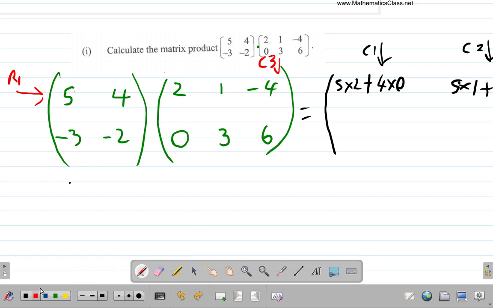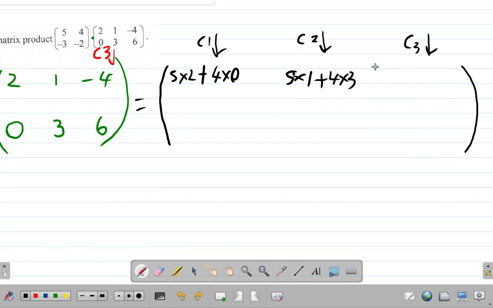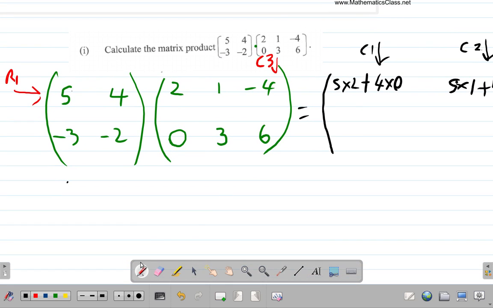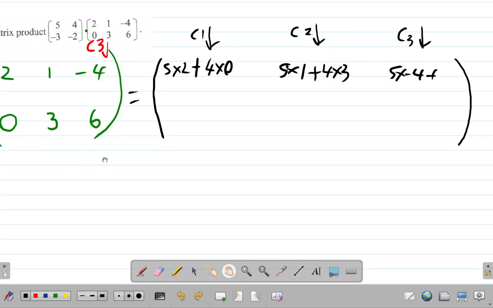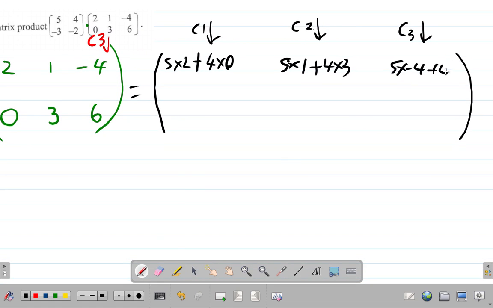So here, first element in row 1 times first element in column 3. That's 5 by negative 4. So we have 5 times negative 4 plus the second element in row 1 times the second element in column 3. 4 by 6. You see that? So it is 4 times 6.